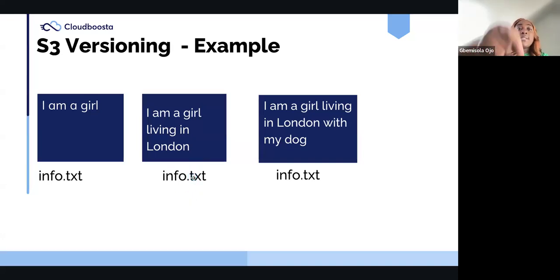Now, if you upload this same file into that bucket that has versioning enabled, S3 is going to store another version, another copy of this info.txt. So it doesn't override it. And then if you do the same thing again, you update the file on your local computer. You say, "I'm a girl living in London with my dog," right?